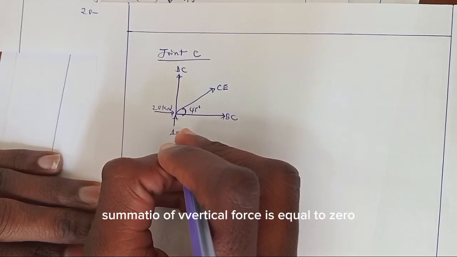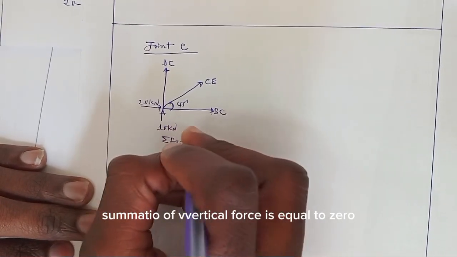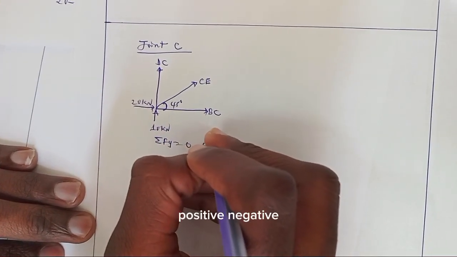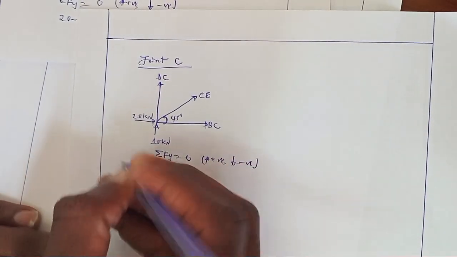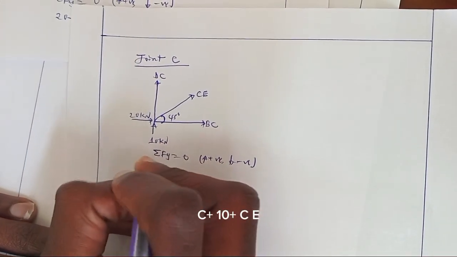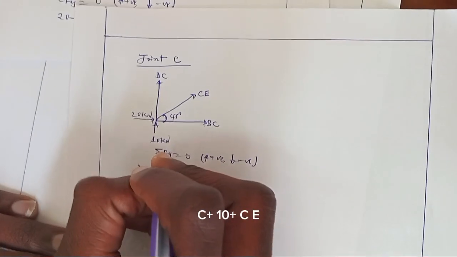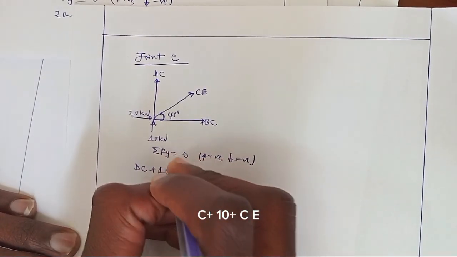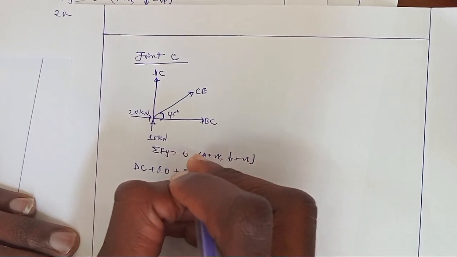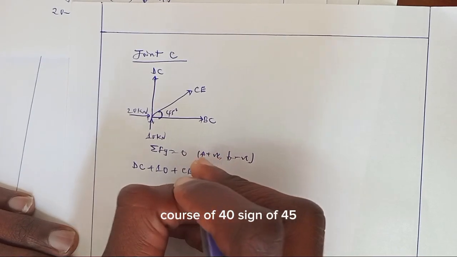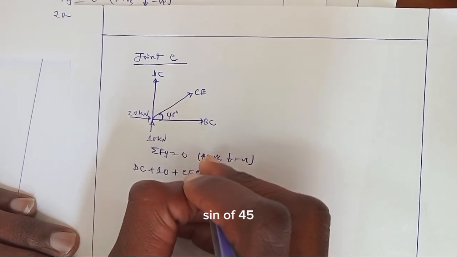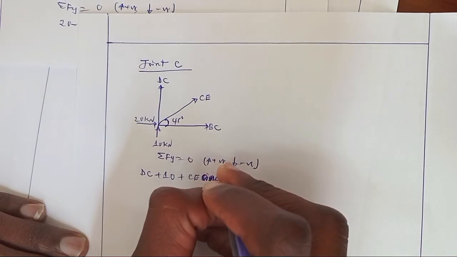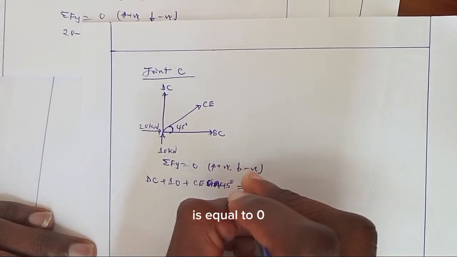Now, consider summation of vertical force is equal to 0. Positive upward, negative downward. So it will be DC plus 10 plus CE sine of 45 is equal to 0.